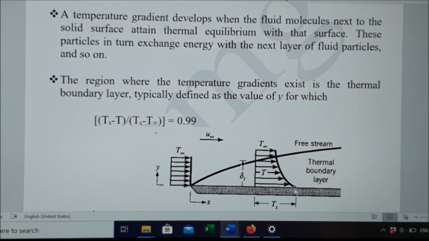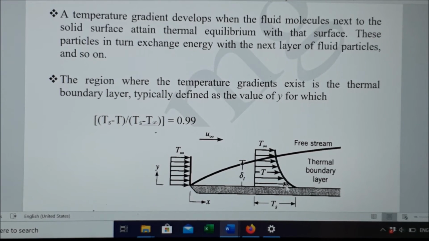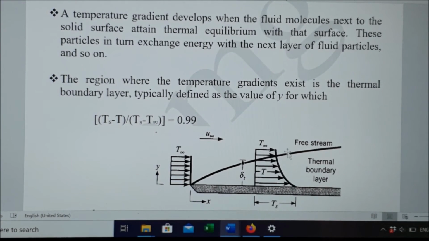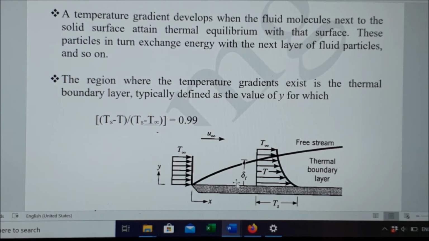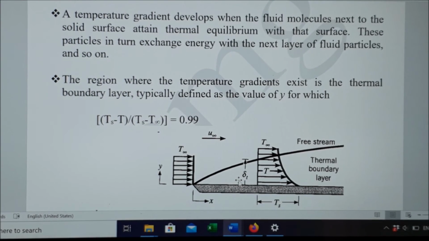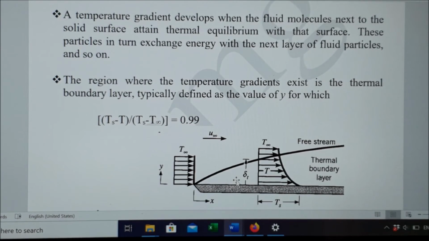The temperature profile decreases up to the free stream temperature, and this thickness is called the thermal boundary layer, with subscript t. Previously, it was the velocity boundary layer, or hydrodynamic boundary layer, or just plain boundary layer.